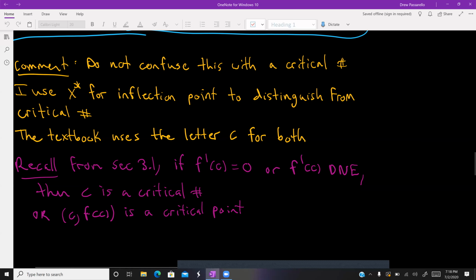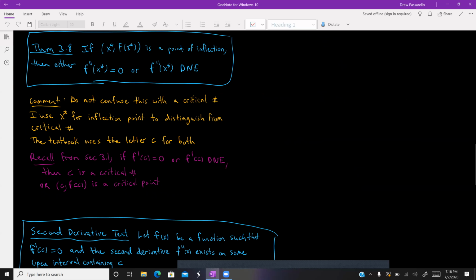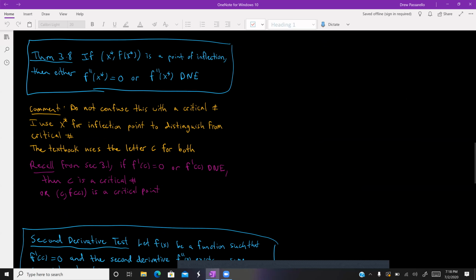So it's very similar definitions. For an inflection point, you have the second derivative equaling 0, or the second derivative does not exist, whereas for a critical number, you have the first derivative equal to 0, or the first derivative does not exist. All right, so that's an important distinction between the two. Some people in the past, when I taught this course, confused them, so do not have those mixed up. They're two separate things.